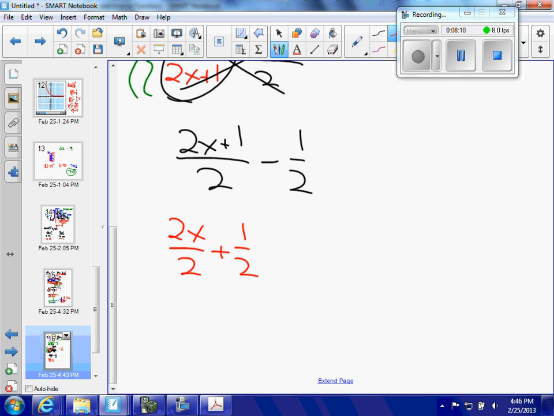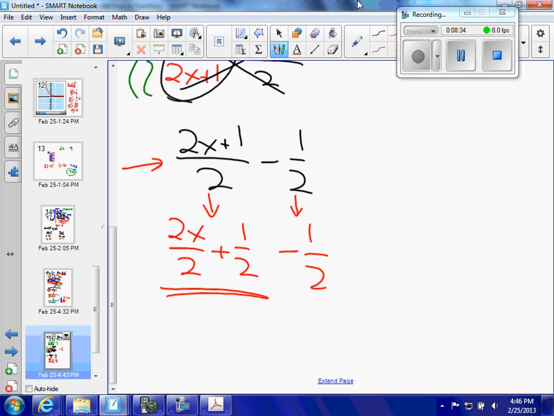So I'm going to kind of uncommon denominator this. I've just taken 2x plus 1 over 2 and written it as 2x over 2 plus 1 over 2, which you can see I could combine if I wanted to, but I want to uncombine it. And so now I have still my minus 1/2 from here.